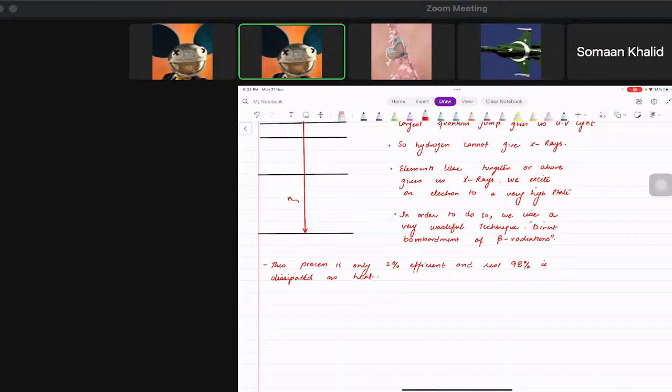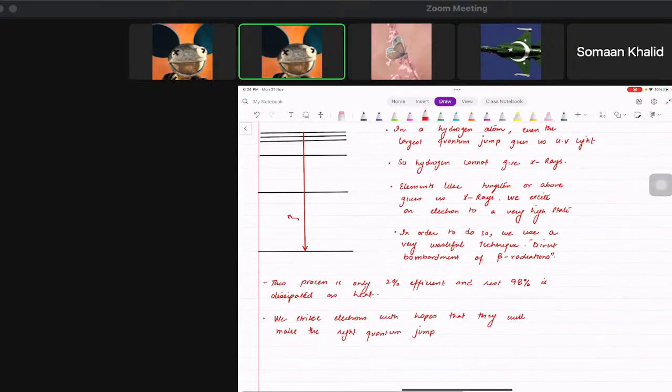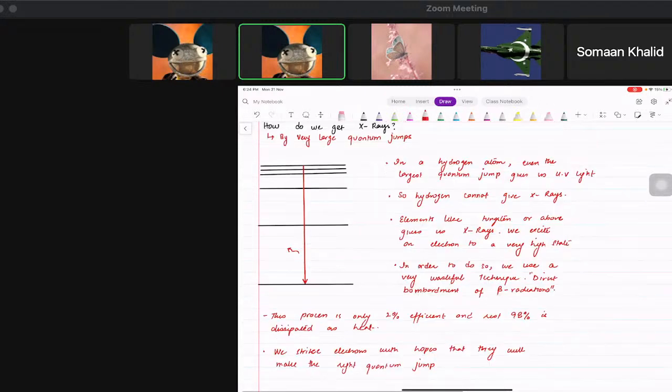It varies like that because we strike electrons with hopes that they will make the right quantum jump. If they don't, they can jump step by step, so they can release other waves and not X-rays at all. That's a big deal for us.